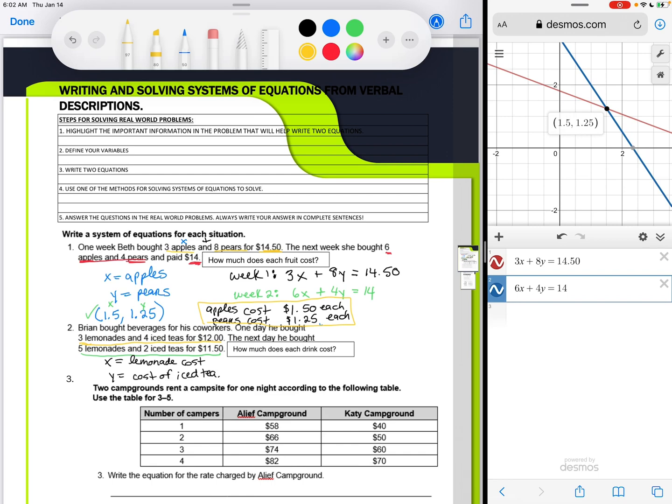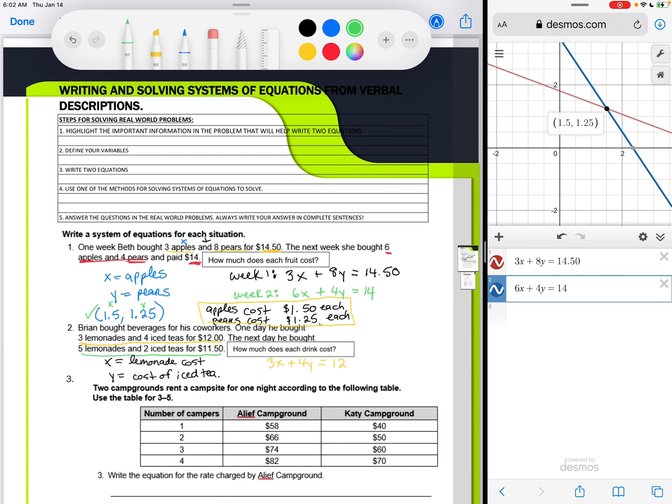So we're going to write 3 lemonades, so that's 3x, and, which is plus, 4 iced teas, which is $12. So 3x plus 4y equals 12. And we can read that as 3 lemonades and 4 iced teas is $12.